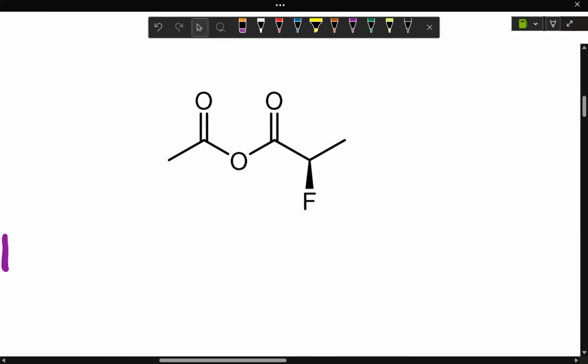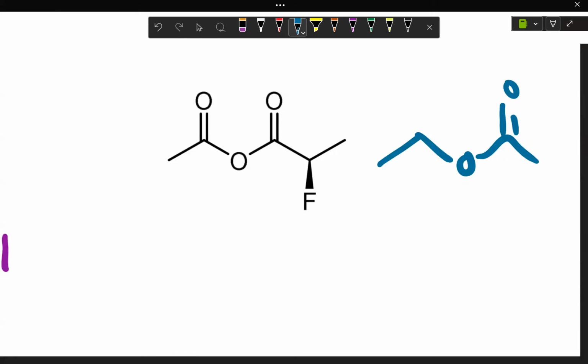Naming anhydrides. To name anhydrides, you have to name each side of the anhydride separately, unless it's symmetrical, and in that case, they'd get the same name. But we don't have that case here. It's asymmetrical. So we're going to number each side separately.